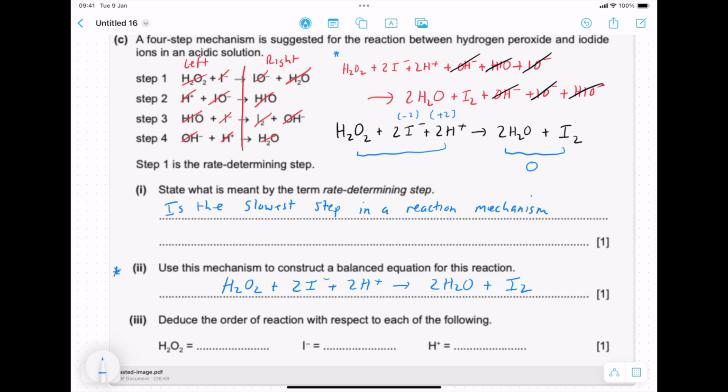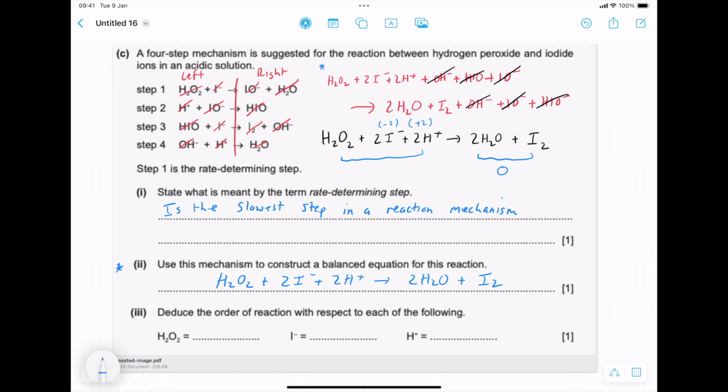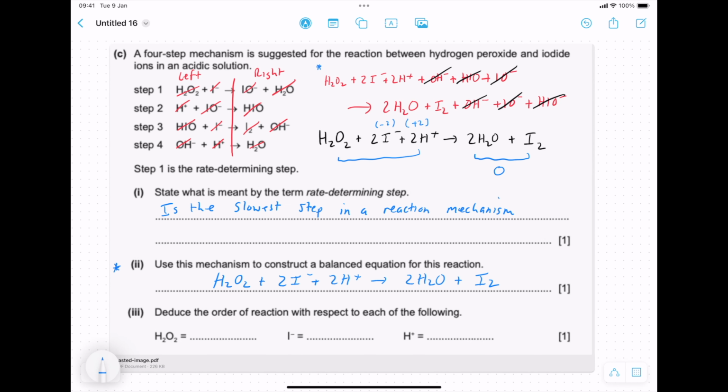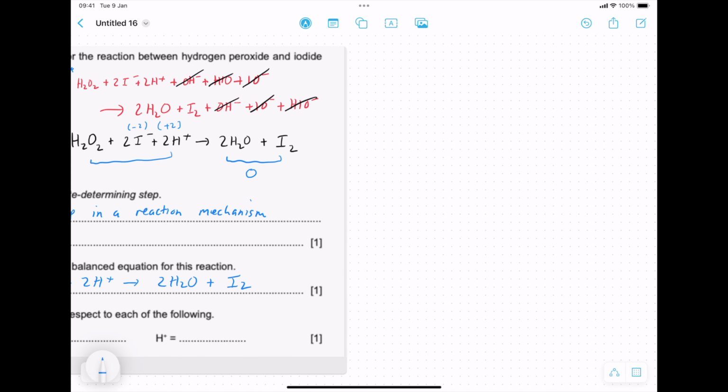Part 3. Deduce the order of reaction with respect to each of the following. So what I need to determine is the order with respect to the peroxide, to the iodide, and the H plus. Now how can I do this? The way we can do this is by remembering a simple rule, which I'm going to write on the right hand side here.